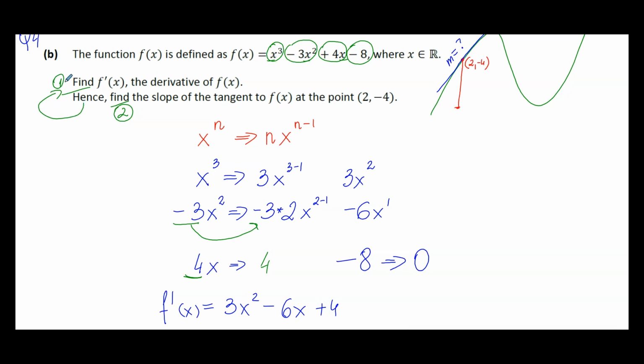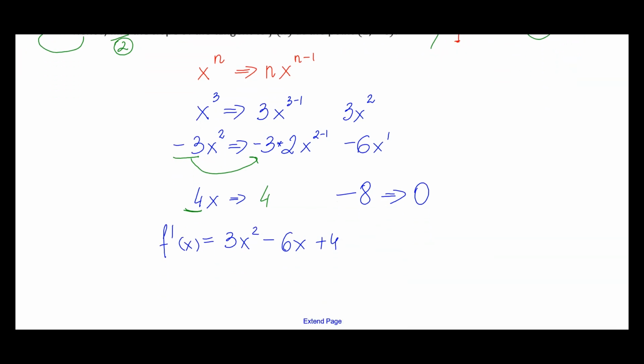And now they are saying hence, meaning with that knowledge of having the derivative, that will help us find the slope of that line. Now, we need a little piece of knowledge here. That piece of knowledge is that the value of the derivative at a specific point will be the same as the value of the slope at that point.